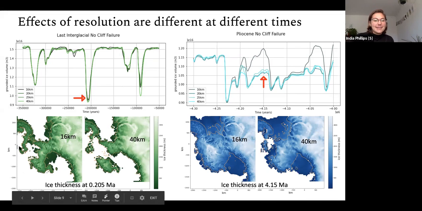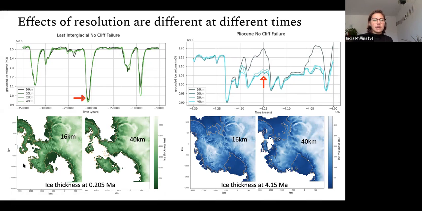The important thing here is that even though this looks like a really small difference in ice volume, the areal extent of ice is super different. While volume is important for sea level rise, areal extent is important if you're looking at where icebergs can travel if they're rafting debris, like to where the IODP cores are.